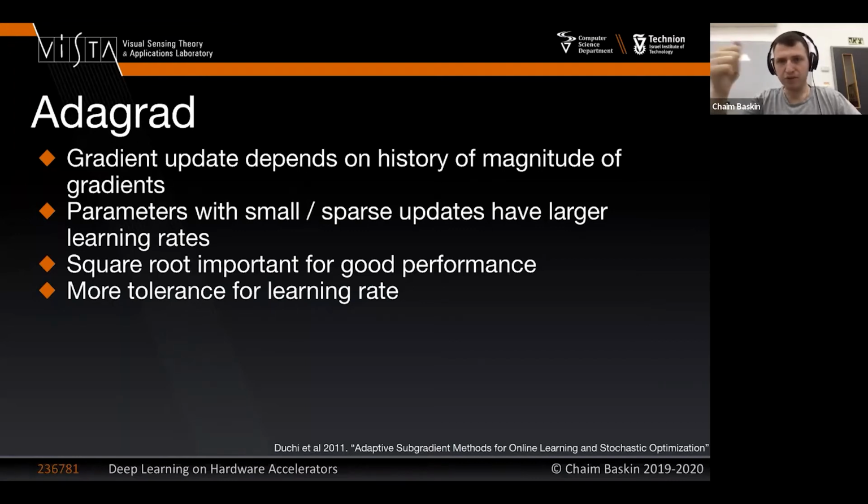It's also more tolerant to the learning rate, which means it's not so crucial to choose the best learning rate.